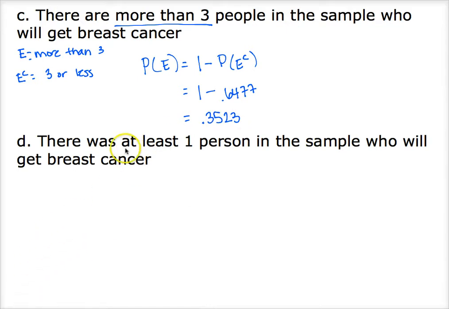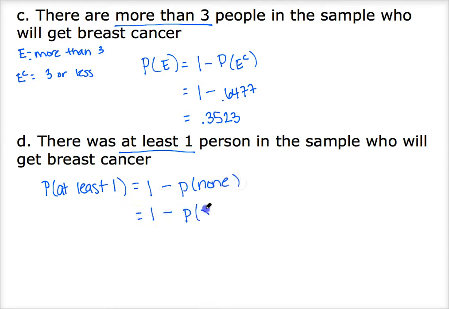Find the probability that there was at least one person in the sample who got breast cancer. The probability of at least one equals 1 minus the probability of none, or that we have 0 successes, or 0 women having breast cancer.